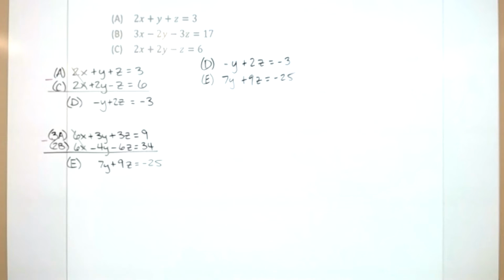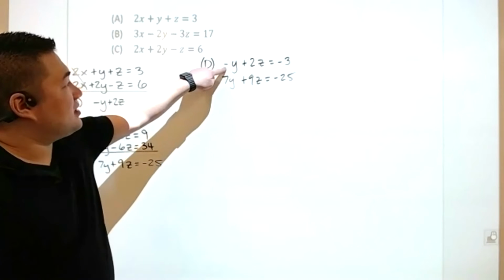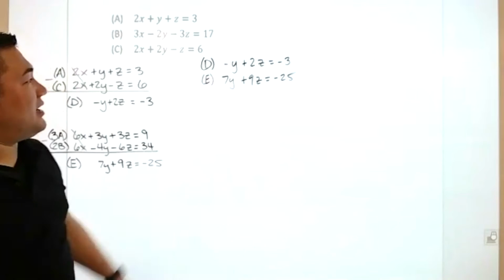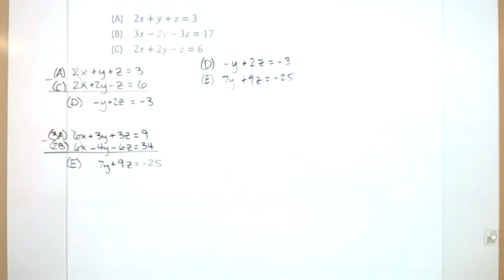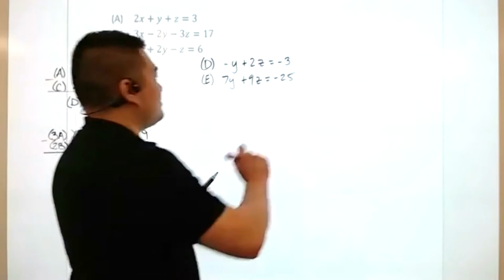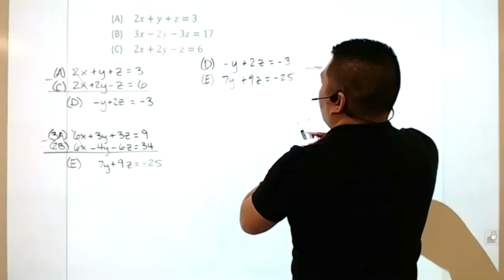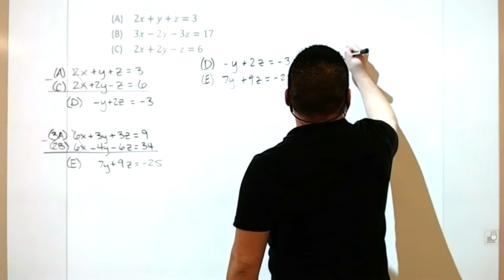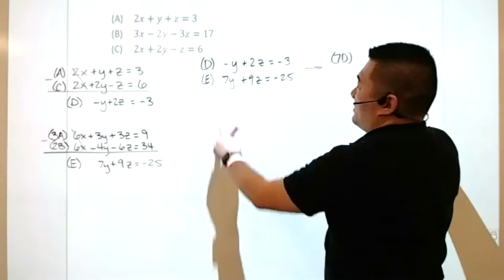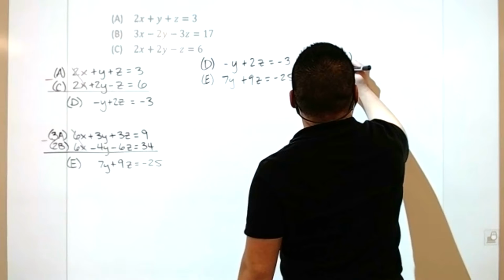What I would do is pick a variable to eliminate. I'm really happy that I see a single y, or negative 1y, because that means I can just multiply equation D by 7 and get those two to match up. So that's what I'm going to do. I'm going to say 7D, and E I'm going to keep as it is.